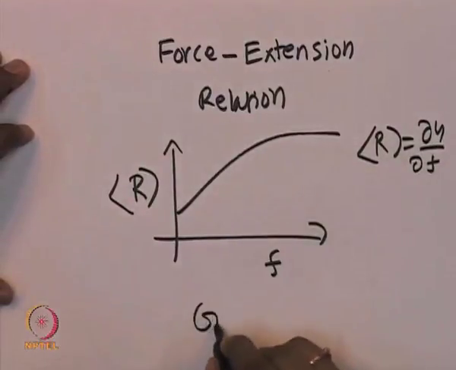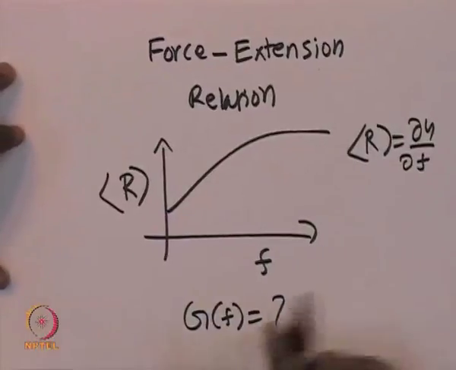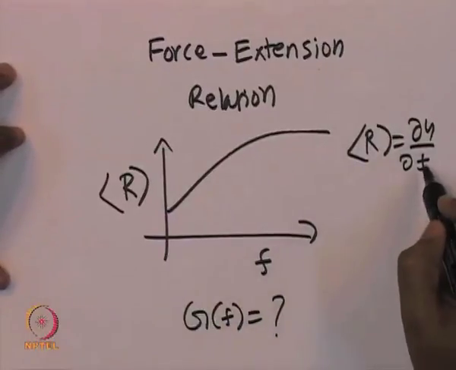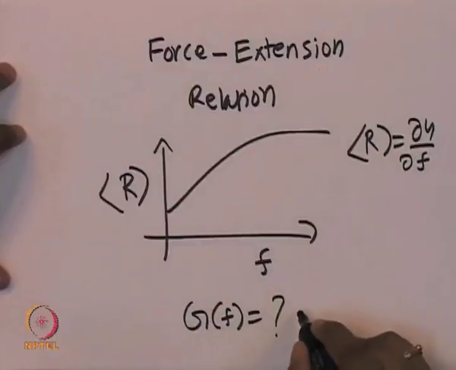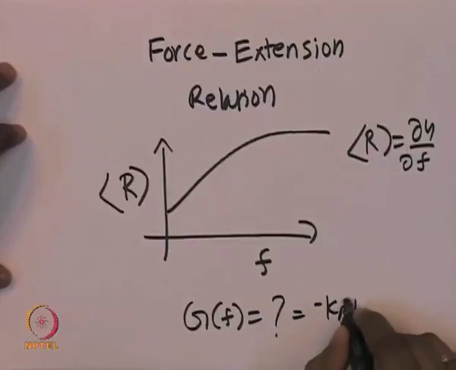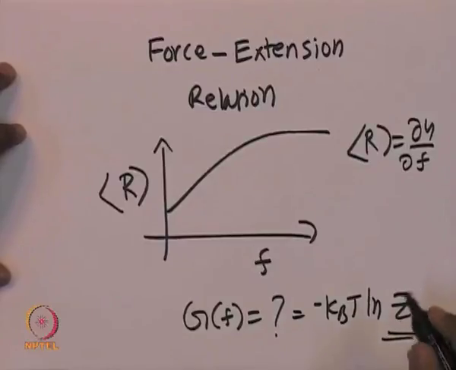If you know g as a function of f, then we know how to take the derivative and we can calculate r. But how do we calculate this? Of course, this has to be minus k b t log z, and how do we calculate z with force? That is what we are going to discuss today.